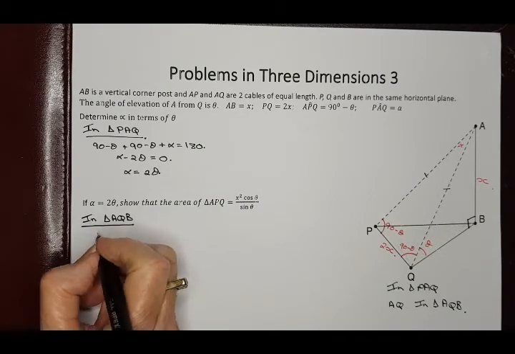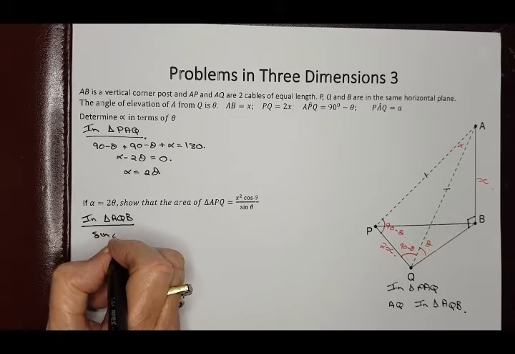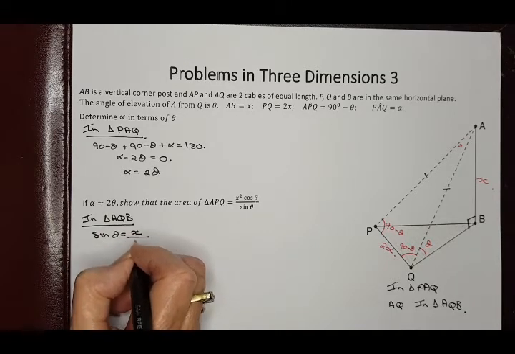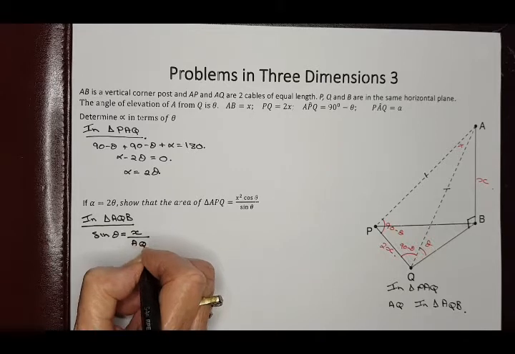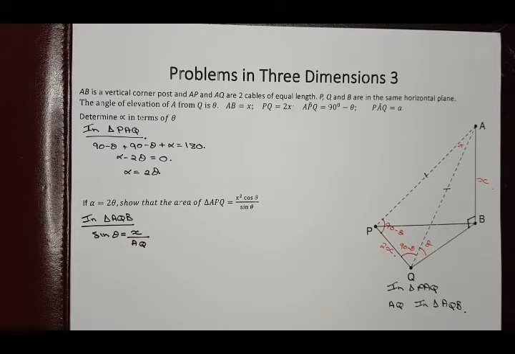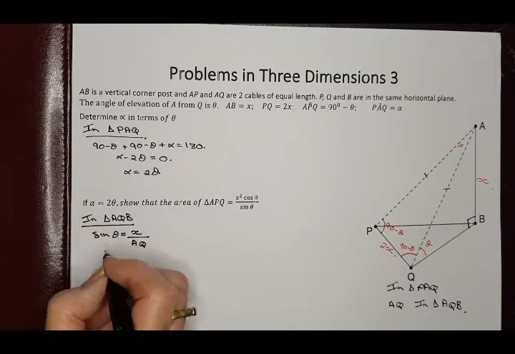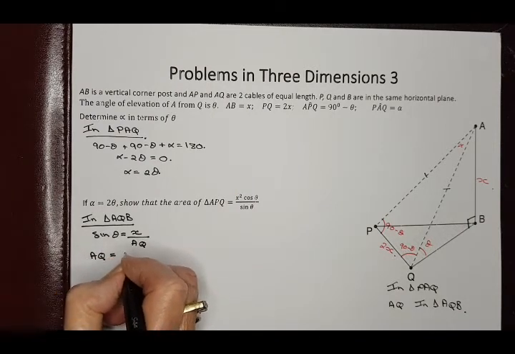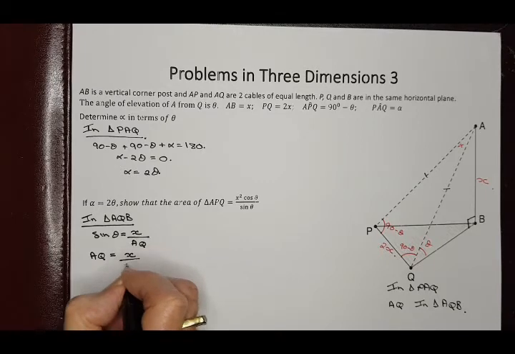So I'm going to say that sine of theta is equal to my opposite over AQ, which is my hypotenuse. A little bit of algebra here. AQ is equal to x over sine theta.